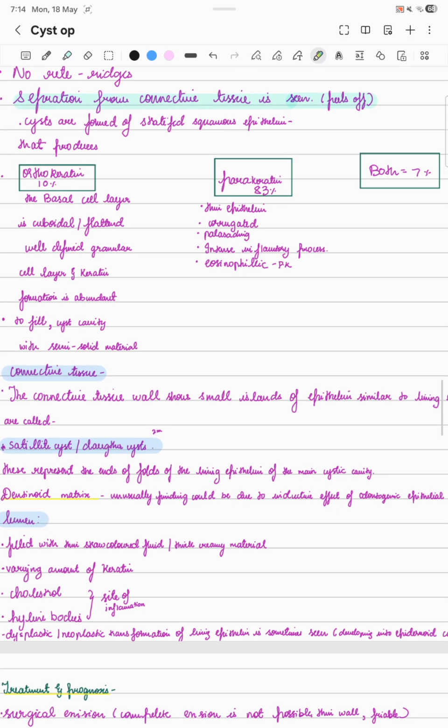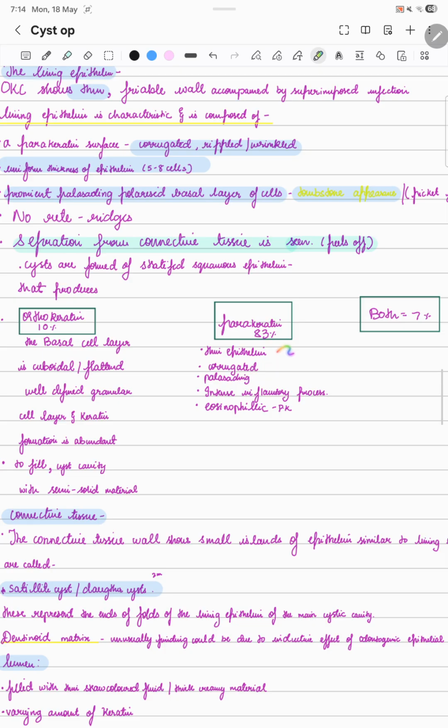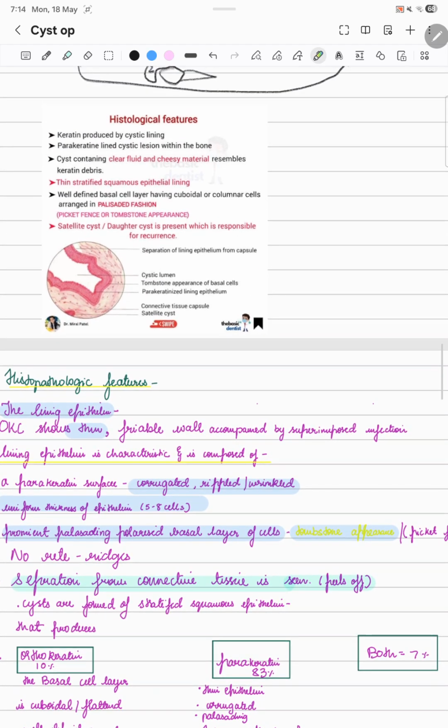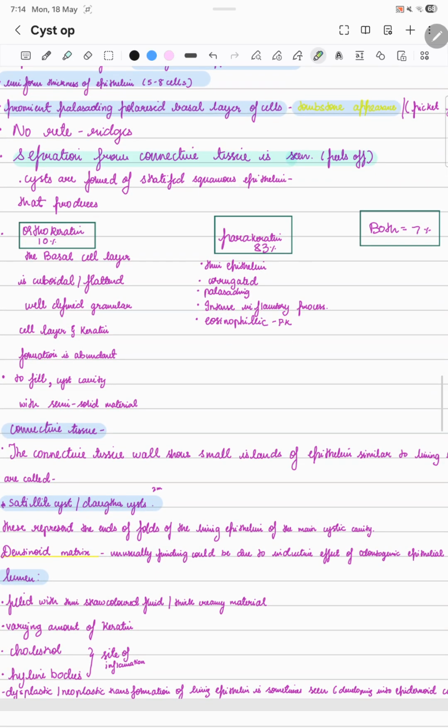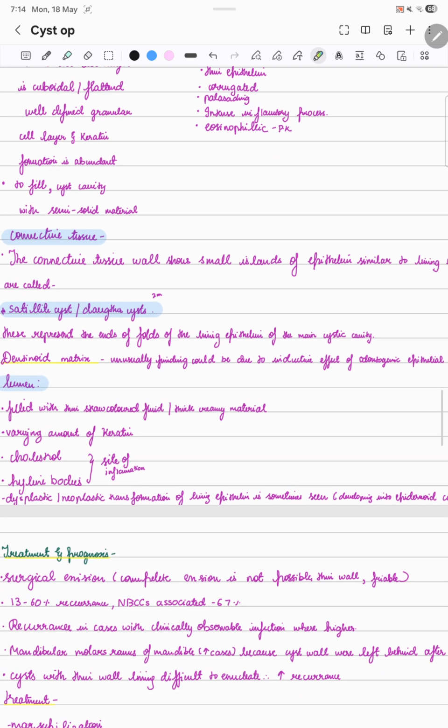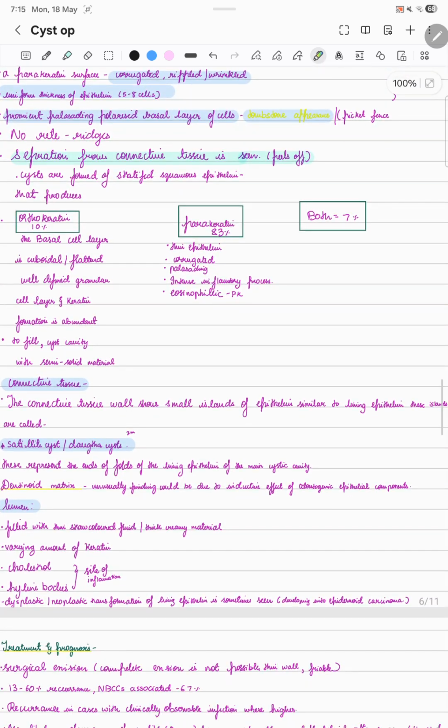The cyst cavity is filled with semi-solid material. If it is parakeratin, then the epithelium is thin, corrugated. This is your parakeratinized epithelium, and if it is orthokeratinized, you will have your granular cell layer. That's the major difference.